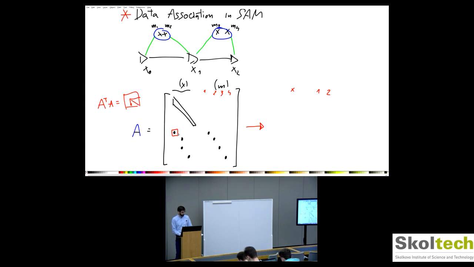That means, for instance, if we go to this graph, let's take a look at this, right? This row corresponds to this observation. So what is happening is that from x0, hold on. Right, from x0, we are observing landmark 1.